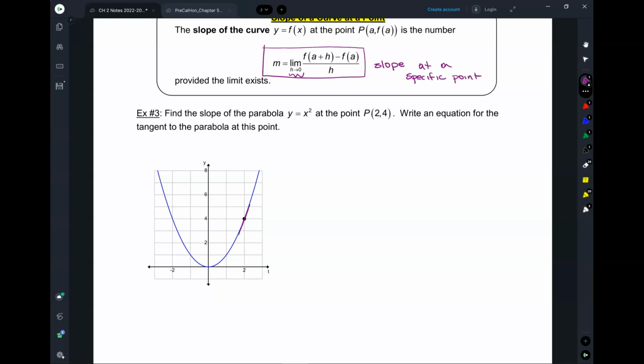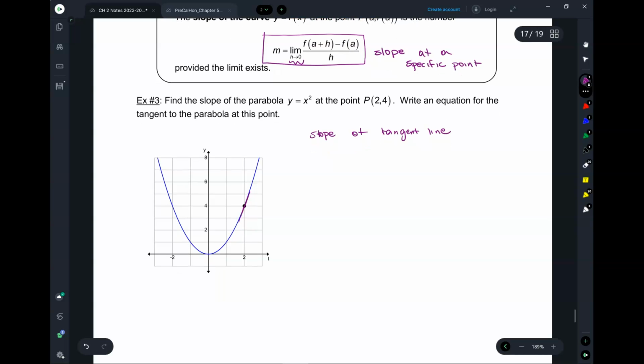All right. So what we have to do is find the slope of the tangent line. But we don't have an h. It's okay, because here's what we do. So m is, we don't need the h. M is the limit as h approaches 0, f of a plus h minus f of a over h.